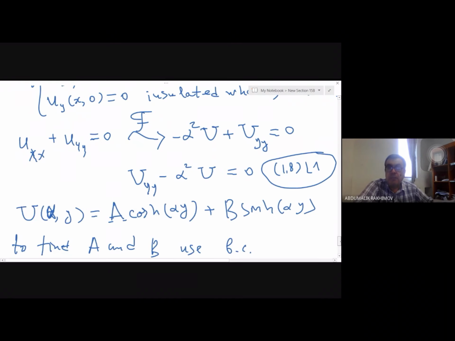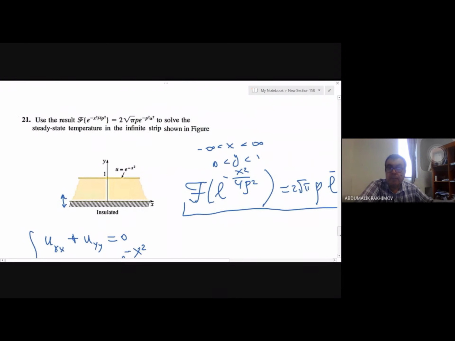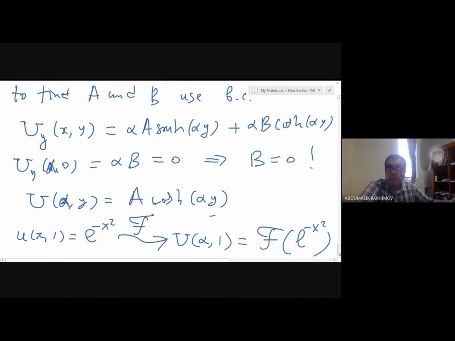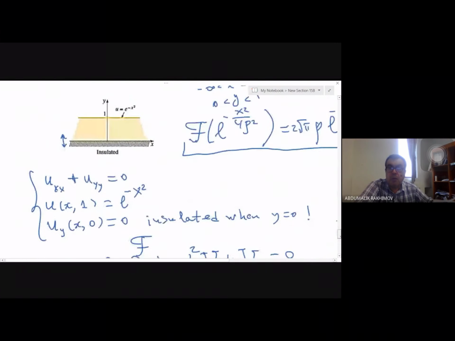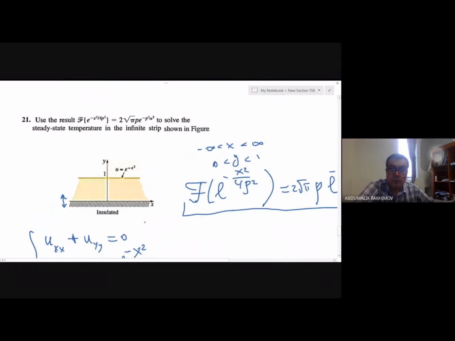For this they give this formula. My original function is exponential minus rho x squared. For exponential minus x squared, what is rho? Rho is equal to 1 over 2. When rho is 1 over 2, you will have here 1 over 4. The 4 will cancel.